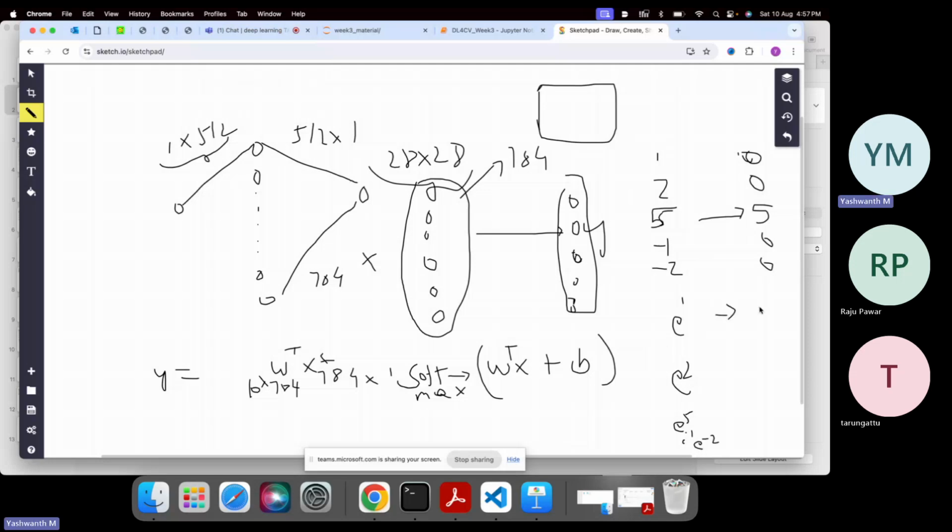So whichever is maximum, you get more weight to this, right? It's a softer version of max, actually. It doesn't throw away any information. It preserves some information. That's why it's called the soft version of max.